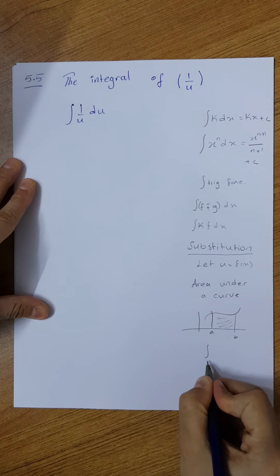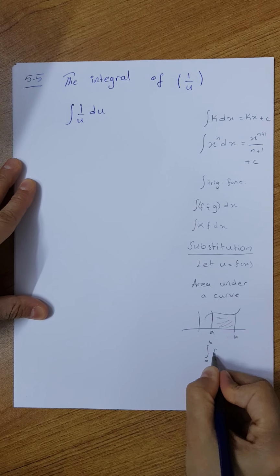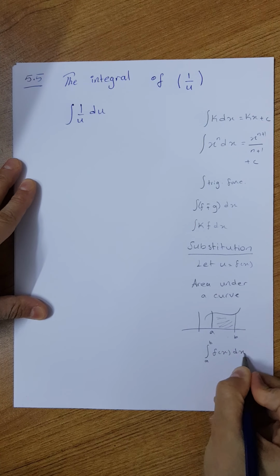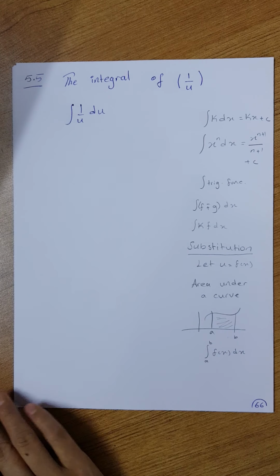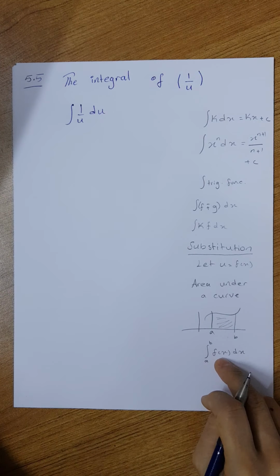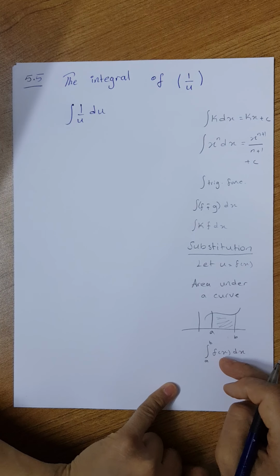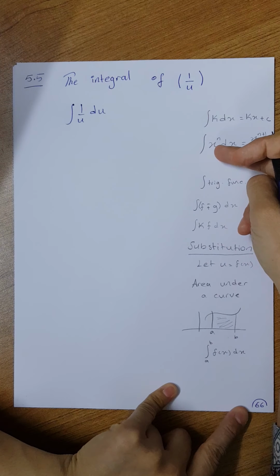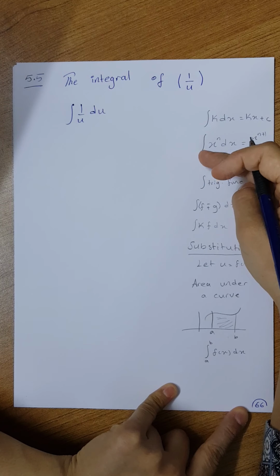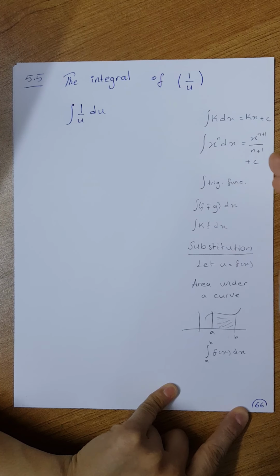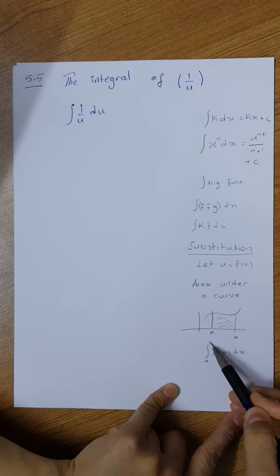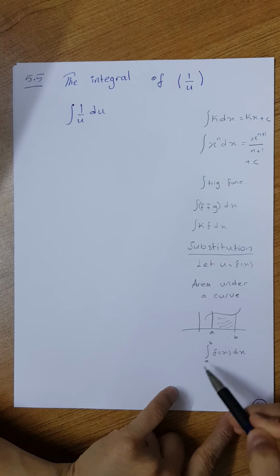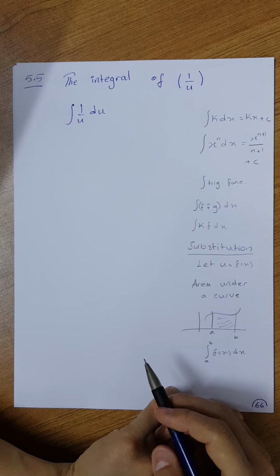That integration was called a definite integration. Why definite integration? Because we have got upper and lower limits for the integration. Of course, solving a definite integration is the same thing as indefinite integration, which is the kind that has got no limits. We were solving it the same way, but instead of writing that c, we were inputting that b and that a into the function that we got from the integration.